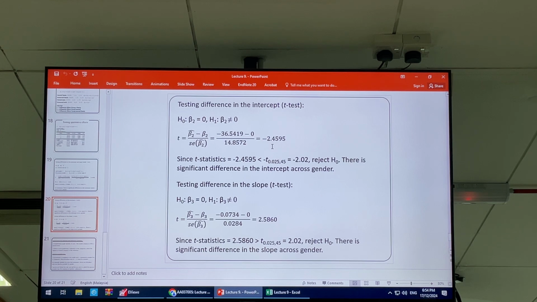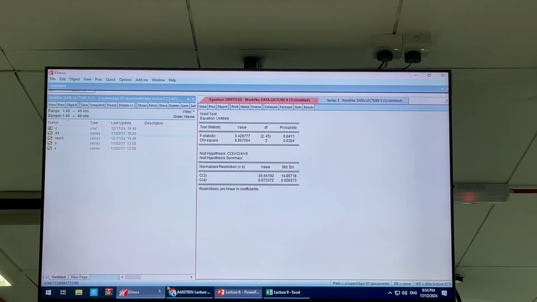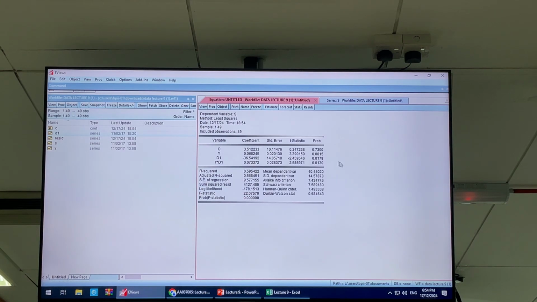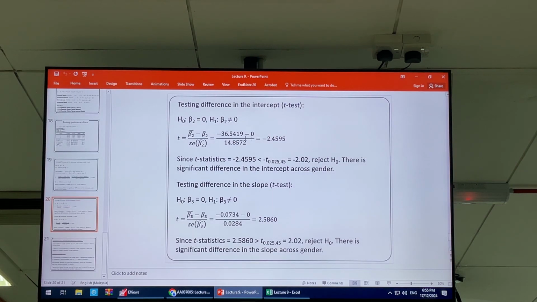You can perform the test individually for beta 2 and beta 3 based on the t-test. For an individual test you can just look at the p-value in the estimation result. For beta 2, the p-value is 0.0178, which is smaller than 0.05, so you reject and conclude that beta 2 is not equal to 0.